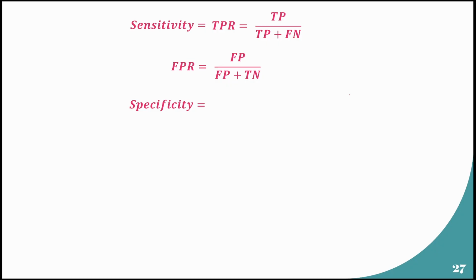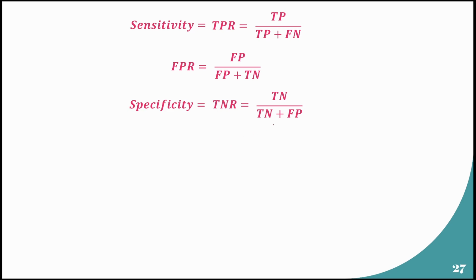Now, there is also one term called specificity. Specificity has another name, the true negative rate. You can calculate it by this formula: true negative divided by true negative plus false positive.